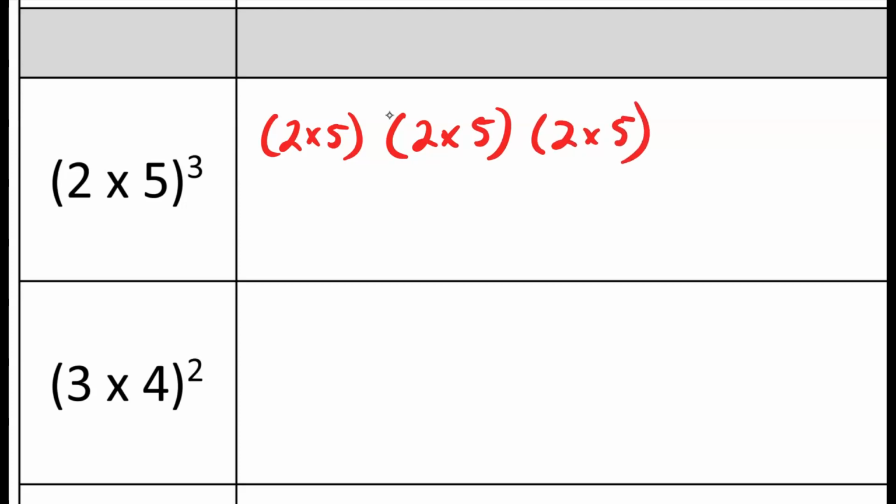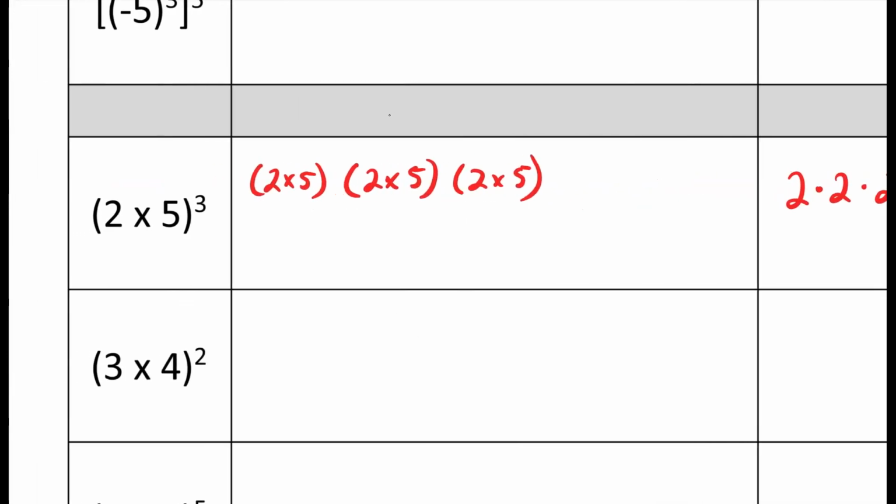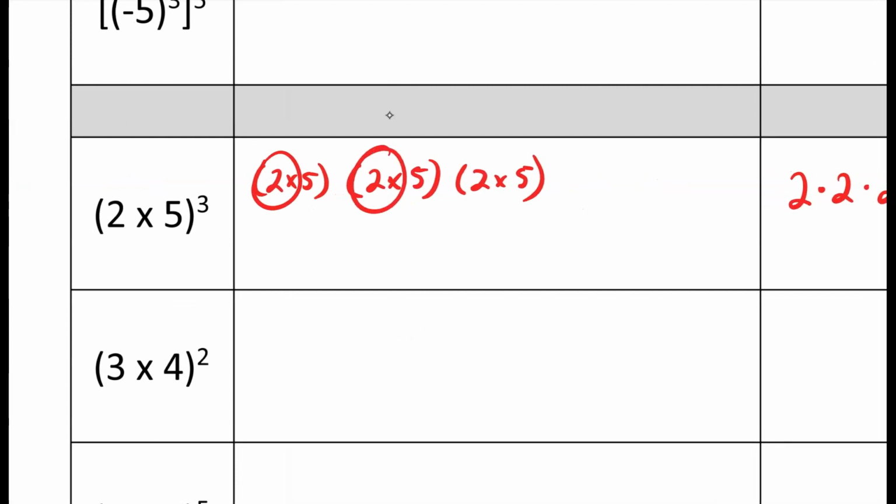Just like that. So we want to break this down and see how many 2's we have and how many 5's we have. We have 2 times 2 times 2 because we have a total of 1, 2, 3 2's.